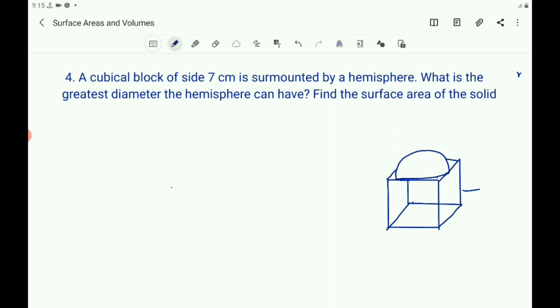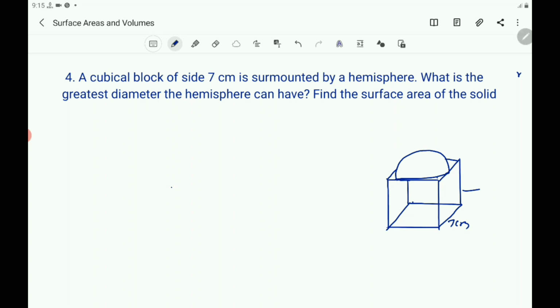The side of the cube is 7 cm. Then the greatest diameter of the hemisphere must be equal to the side of the cube, that is 7 cm.